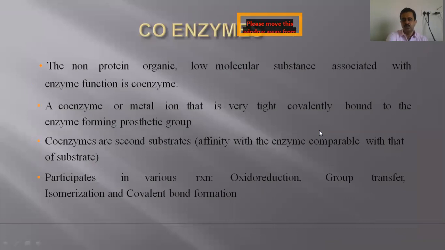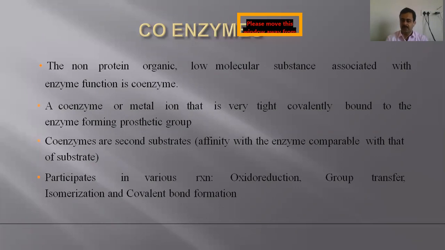Now, coenzymes. The non-protein organic low molecular weight substances associated with enzymes are called coenzymes. Coenzymes are second substrates, affiliated with and comparable to the substrate. Now, whenever binding of a molecule takes place, this binding will be helped by some kind of interaction. So, what are these interactions? These are interactions that are associated with the coenzyme.